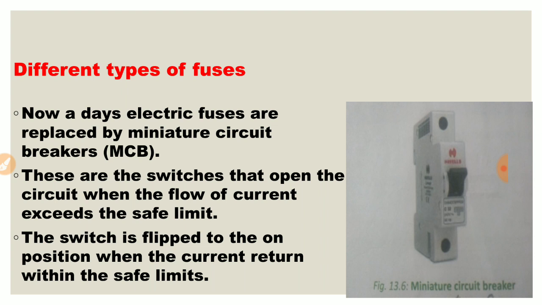Open means circuit break हो जाता है when the flow of current exceeds the safe limit, and we can flip the switch to the on position when the current returns within the safe limit, or when the overload becomes low. So these days, instead of fuses, we use miniature circuit breakers.